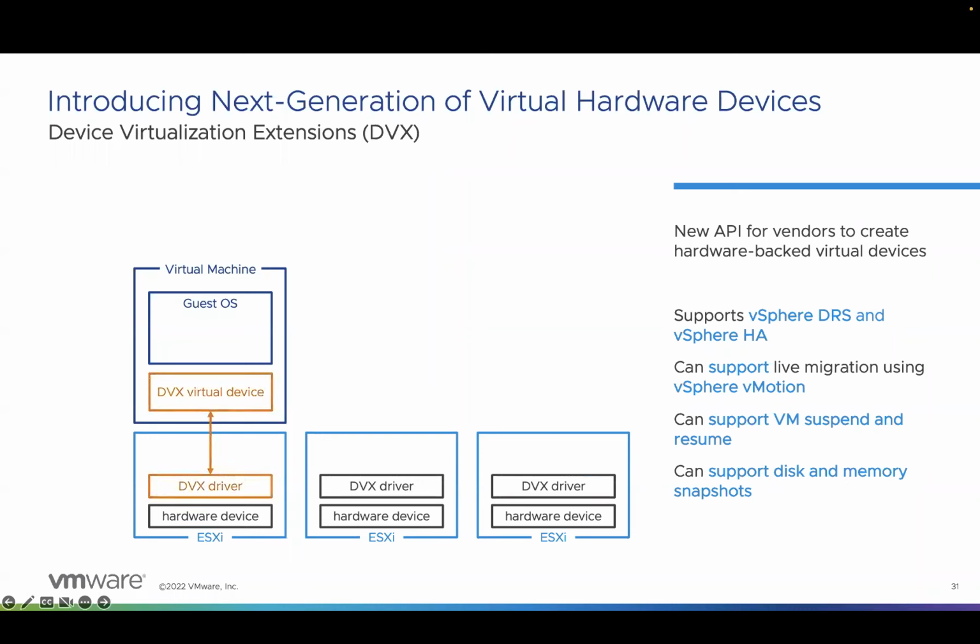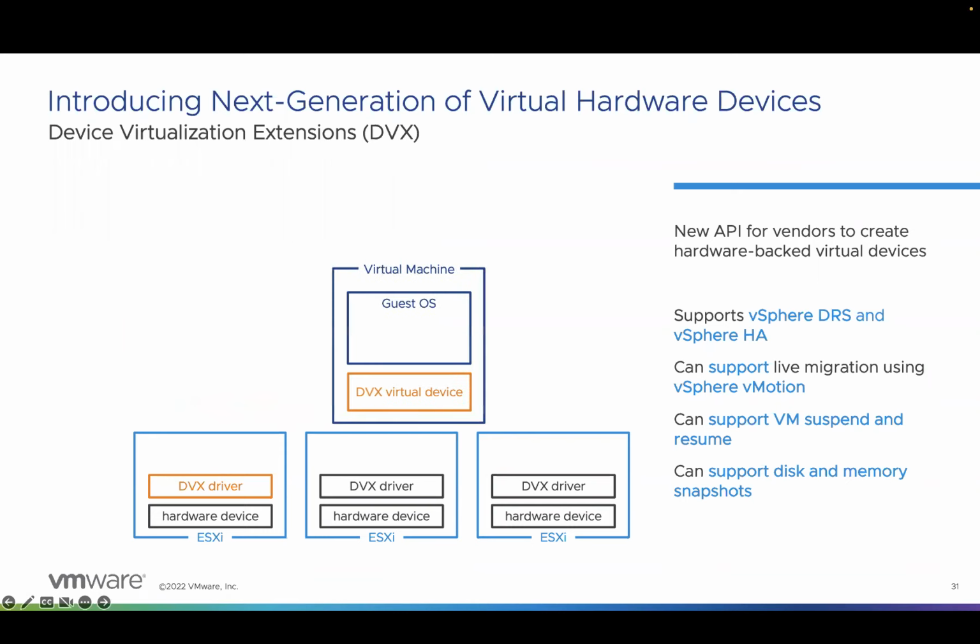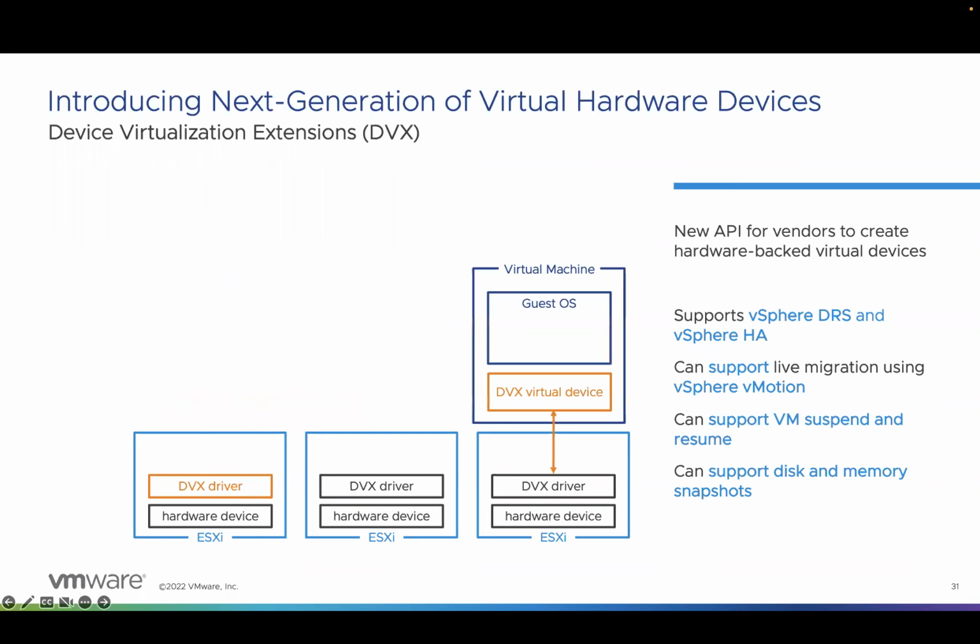Well, the vendors will need to create a specific device virtualization extensions driver at the hardware level, so that'll be installed on ESXi. And for the virtual machine level, the virtual device level will also need to have a compatible DVX virtual device driver. Once those requirements are in place, the virtual machine now has a lot more freedom of mobility and can live migrate to another ESXi host with a compatible DVX driver without any downtime.